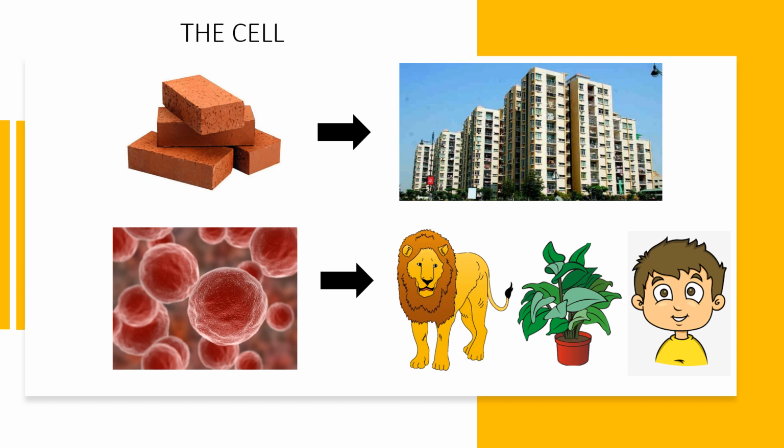So you should imagine cells as bricks and living organisms as buildings. Similarly, cells are assembled to make the bodies of living organisms. Bricks are assembled and they make a building. Cells are assembled to make organisms.